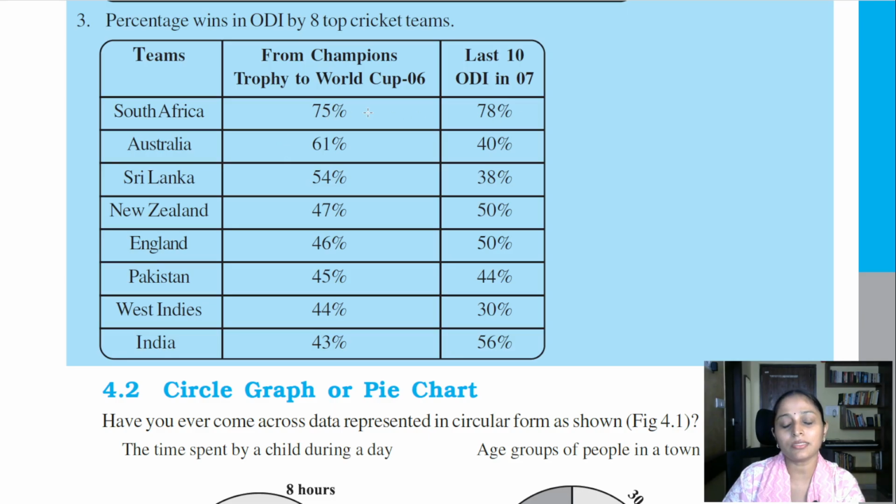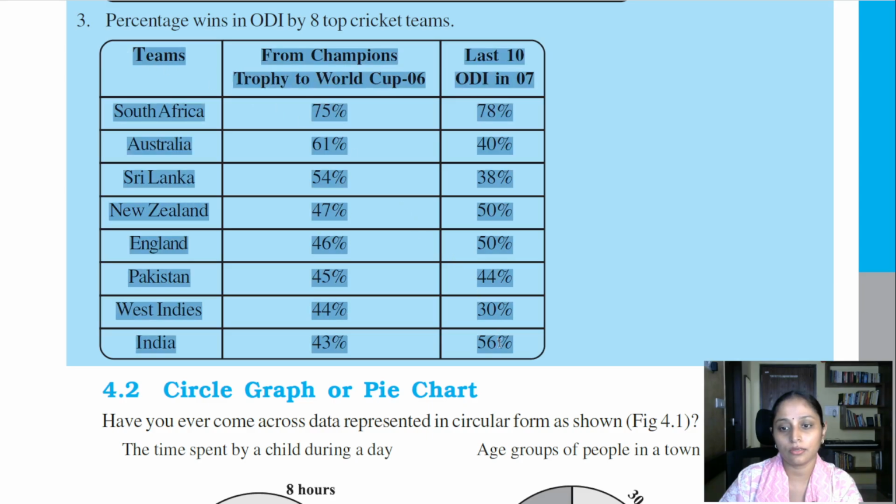So for these matches, they have calculated the percentage wins, that is how many wins they had compared to how many matches they have played, and they're asking us to represent this data using a graph. Again, here you will see that you have two different categories, therefore you'll have a double graph, right?